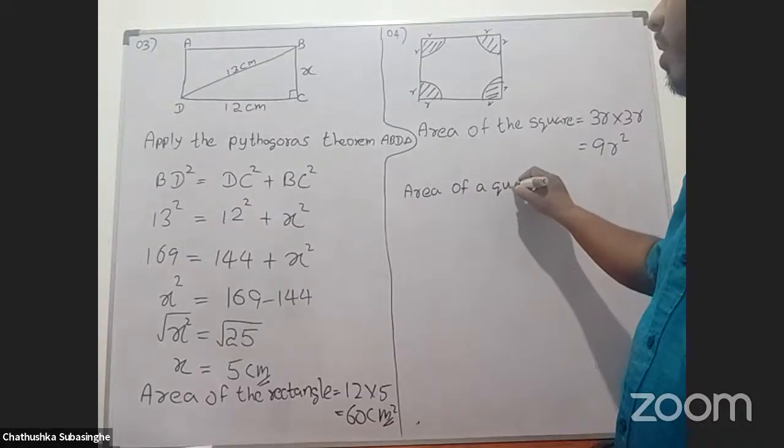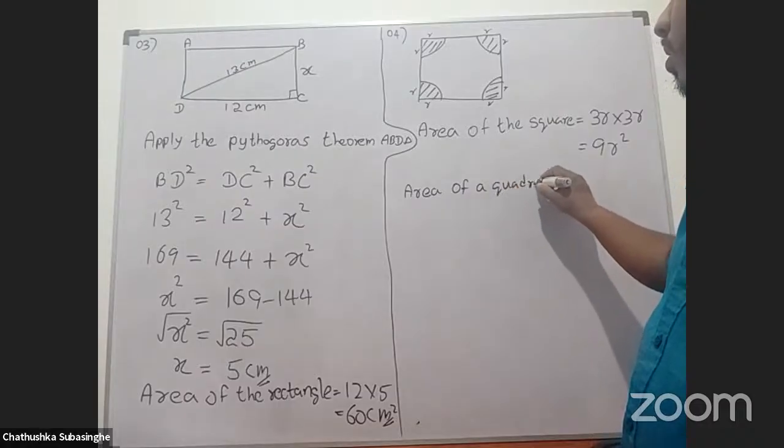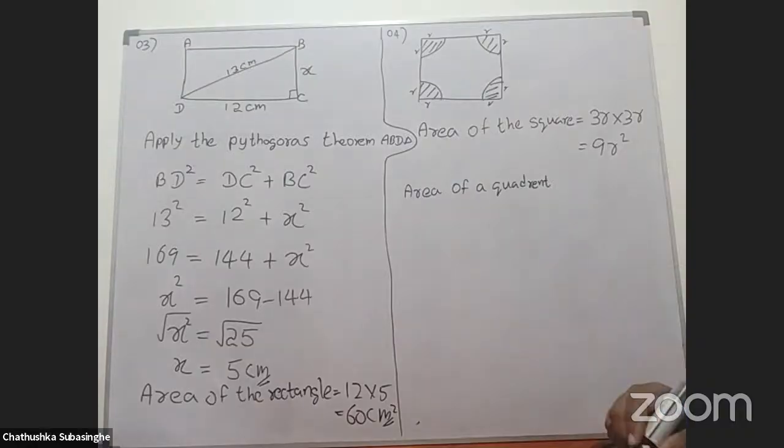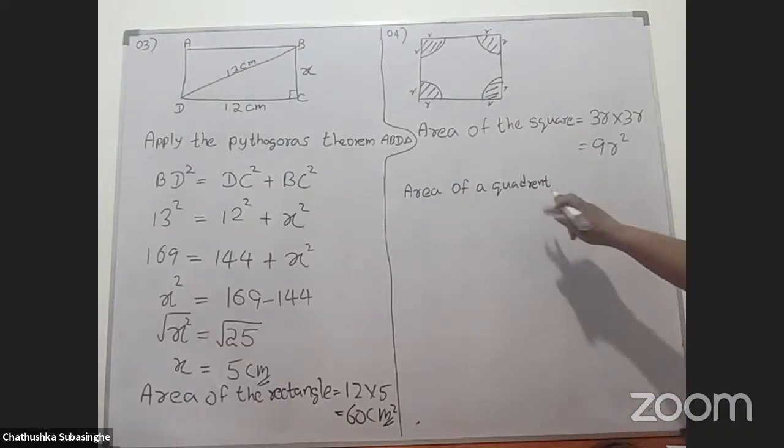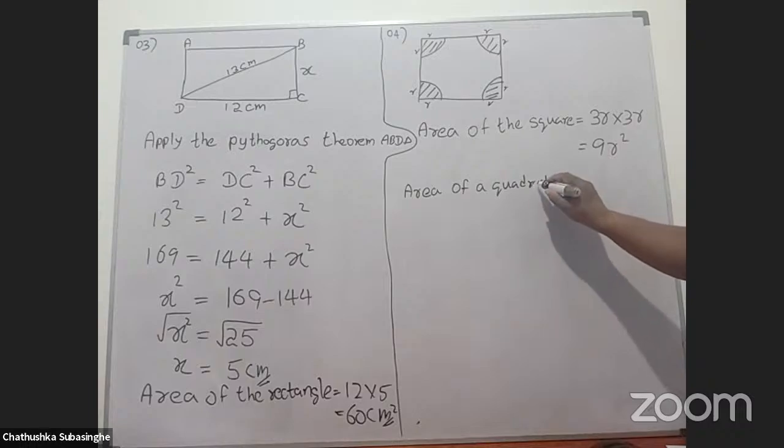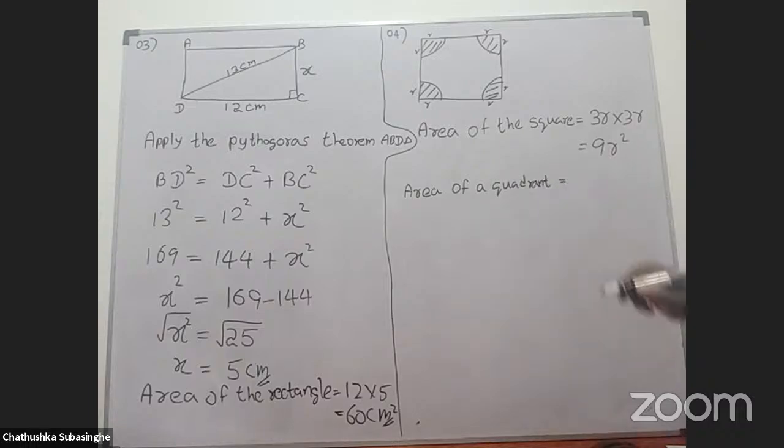Area of a quadrant. So actually it's 1/4 of a circle. The area of a full circle is pi r square.